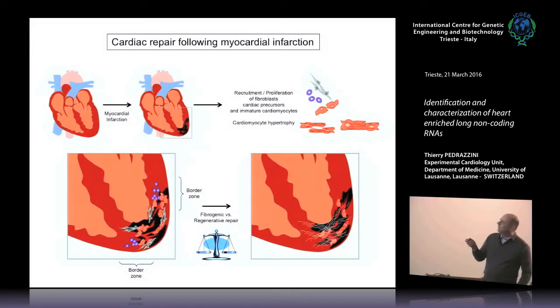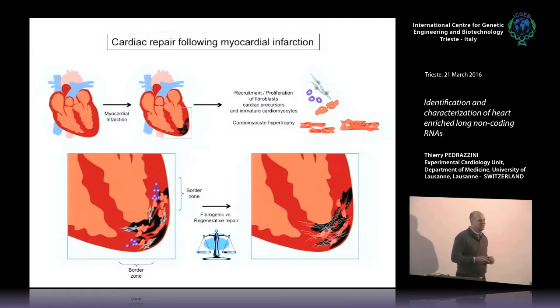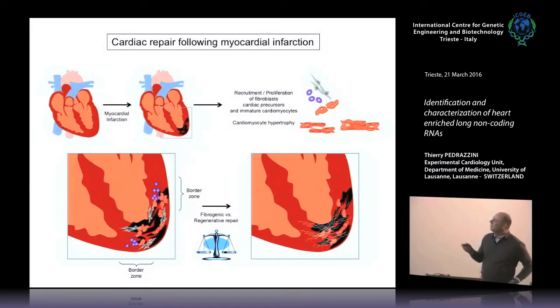Now, there are players that are very important in this tissue repair mechanism that takes place in the heart after damage. You have fibroblasts that generate a matrix and a fibrotic scar. You have the cardiomyocyte, and the cardiomyocytes are the muscle cells of the heart.